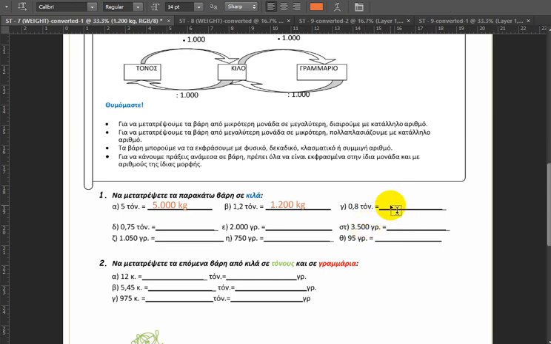And 0.8 times 1,000 would give me 800 kilograms. 0.75 times 1,000 would give me 750 kilograms. 2,000 grams into kilograms means I would have to divide by 1,000, so that would give me 2. Then 3,500 divided by 1,000 would give me 3.5. Oh, sorry, I should have written kilograms.